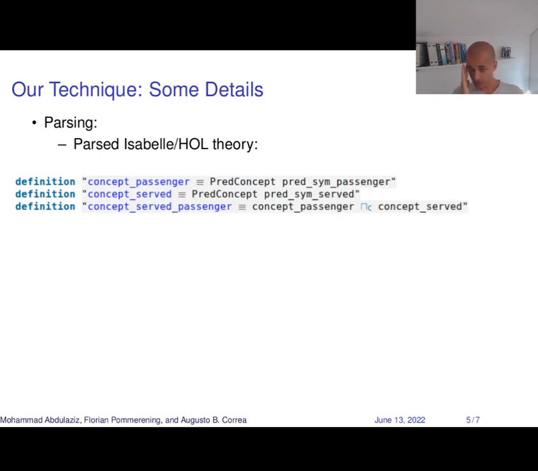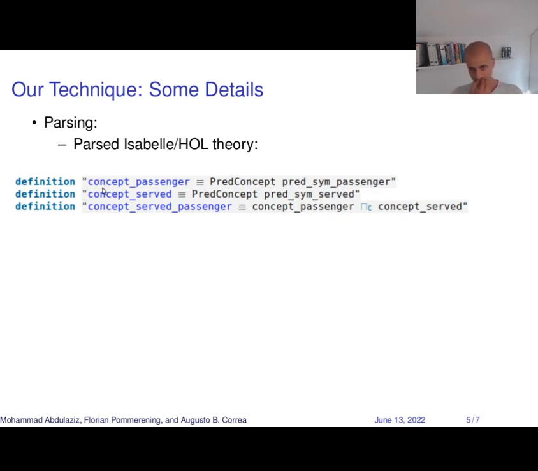After the specification, the next step in our process is parsing. So you parse that specification and produce a model in Isabelle/HOL's language of the domain assumptions, the invariants, and the heuristic. For example, here we're showing the parse of the concept passenger served.